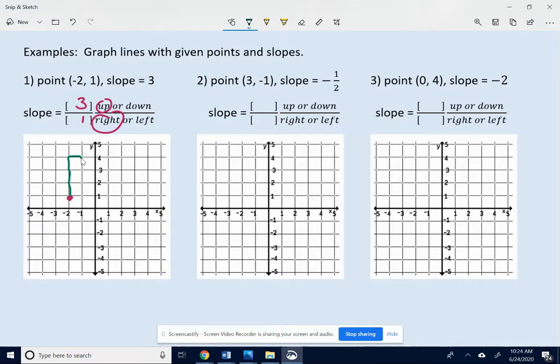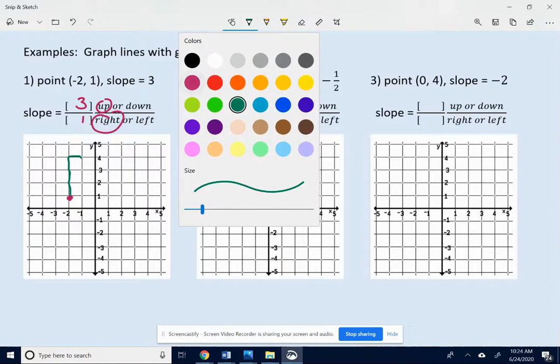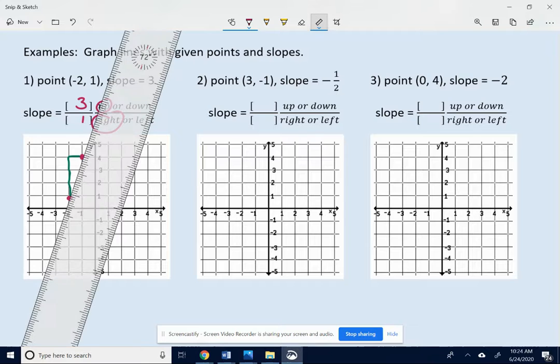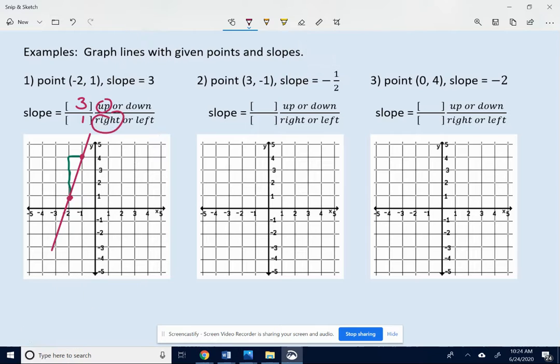Then I'm going to draw my second point, and then I'm just going to connect them. I know that on your draw-its, you don't have a way to use a ruler, so just make it as nice as you can. Don't worry about it. So I drew a line through the 2 points. Draw arrows to show it goes on forever both directions.